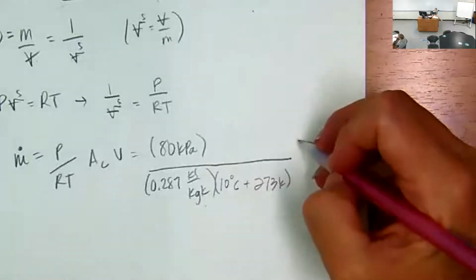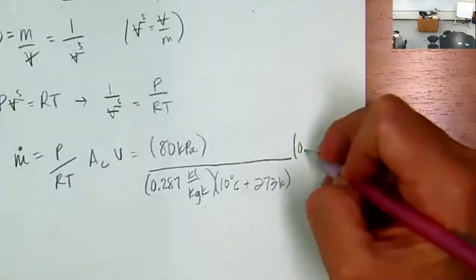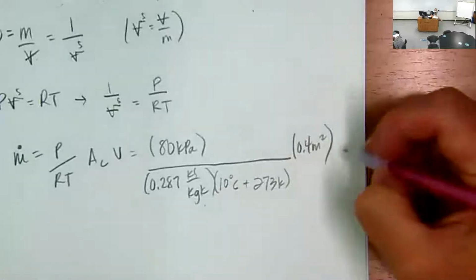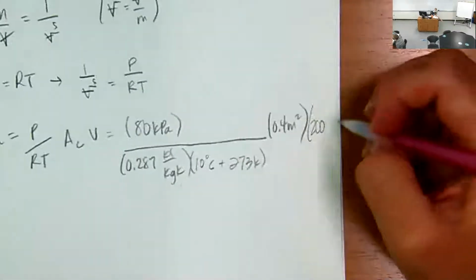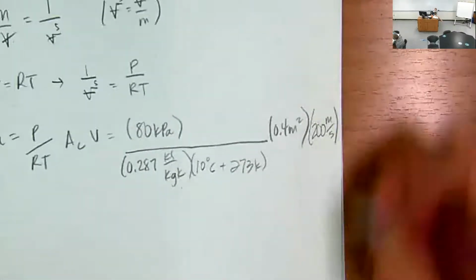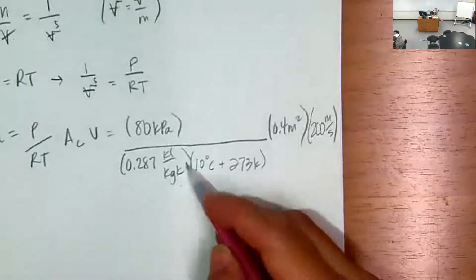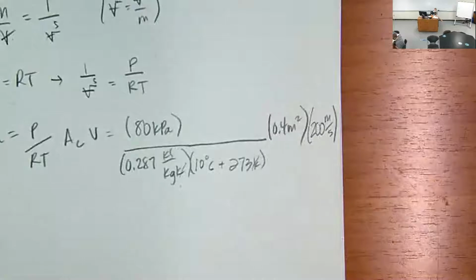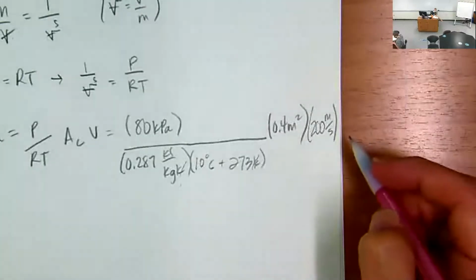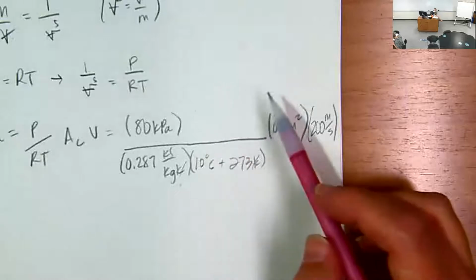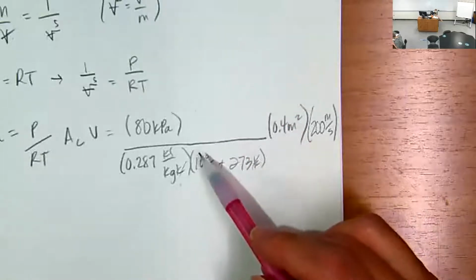This is going to be multiplied by our cross-sectional area of 0.4 square meters, and then our velocity of 200 meters per second. So we're going to have Kelvin that cancels, and we're going to have cubic meters per second kilopascal divided by kilojoules Kelvin.